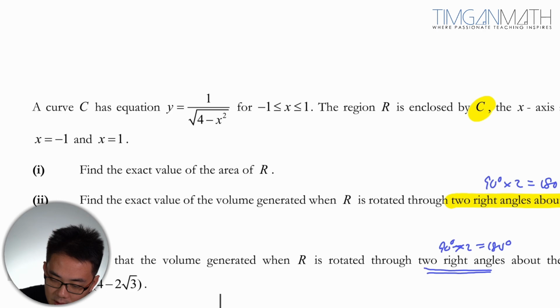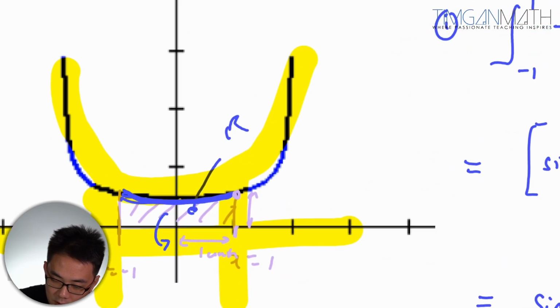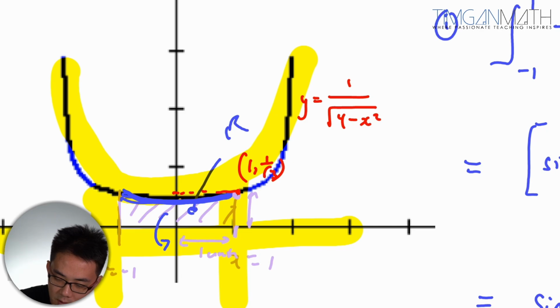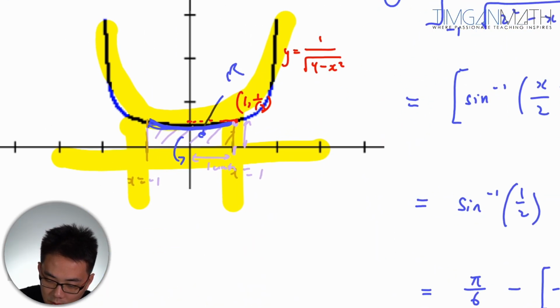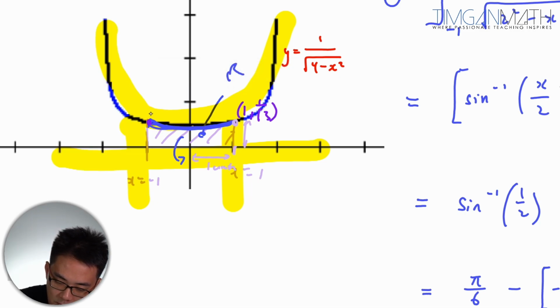This here you could find a height. So when x is 1, this is 1 over root 3. So obviously this is 1 over root 3 here. This is 1, and just sub into the equation y equals 1 over root of 4 minus x squared, right? So it's 1 over root 3, and after which, same thing, this would be negative 1 over root 3 as well.